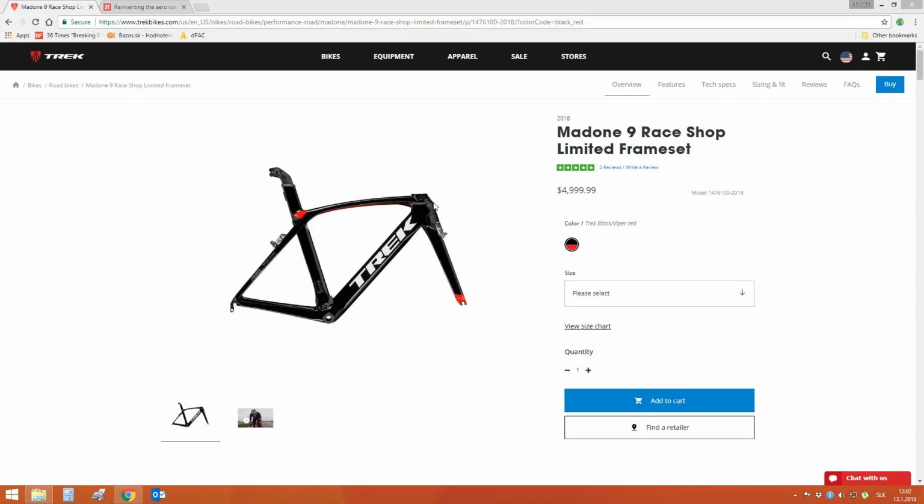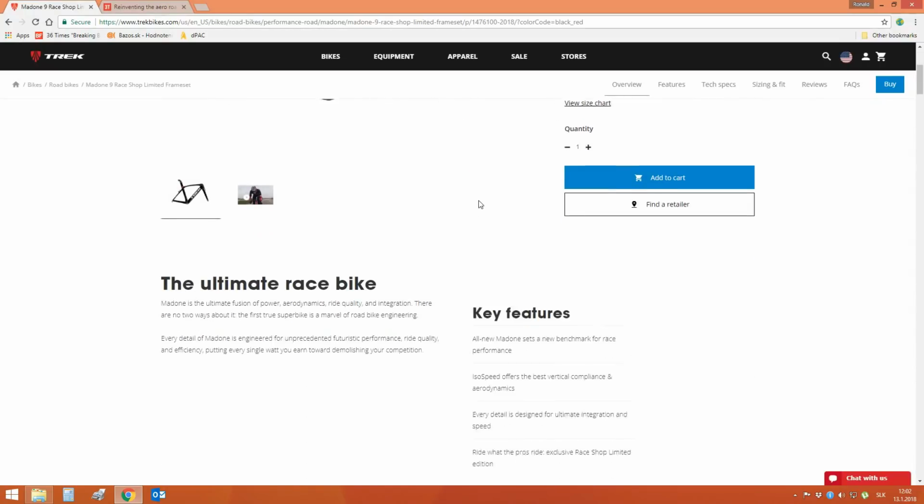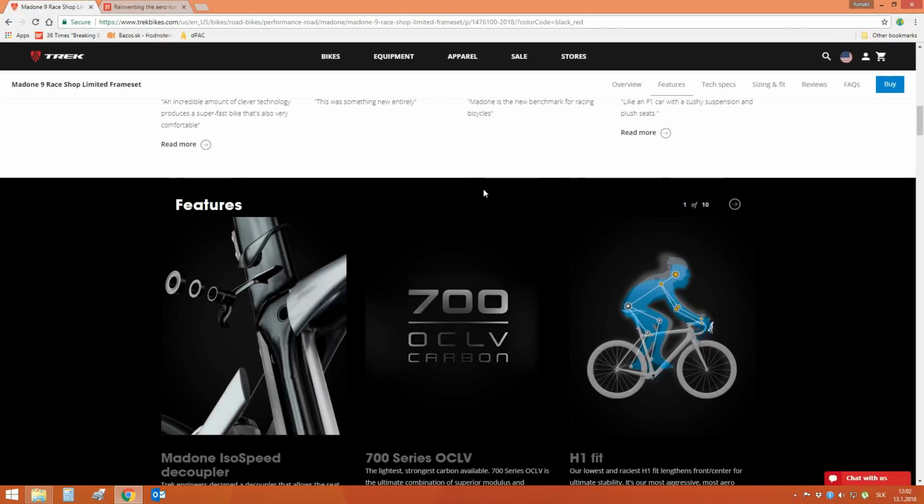So to get a first example, let's say we are choosing a bike. We never had a bike before, and we know we want an aero bike. So the best option probably nowadays is a Trek Madone 9. This is the H1 aggressive geometry. We want to go racing, so we choose that.